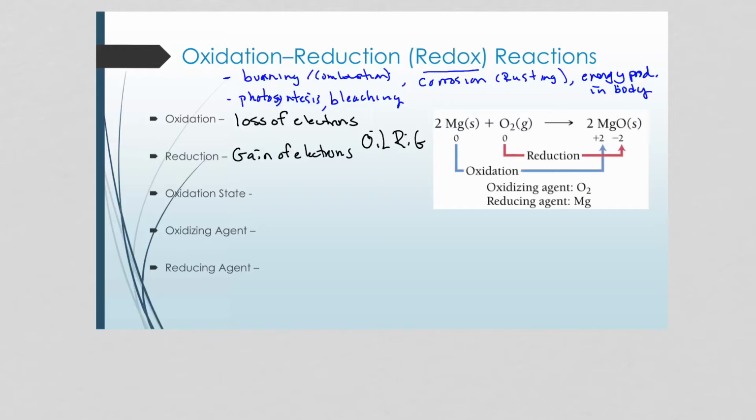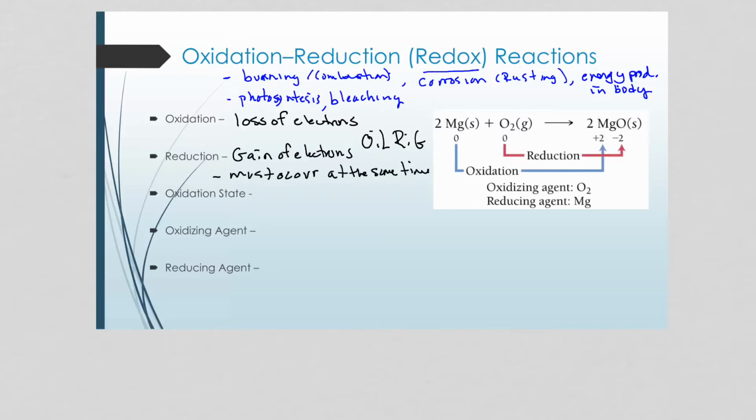So we have oxidation and reduction. Now, these two processes must occur simultaneously, or at the same time. In other words, we don't have the loss and then the gain. It happens all at once. Right? They're happening at the same time.